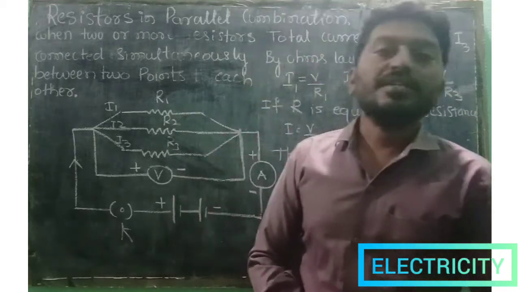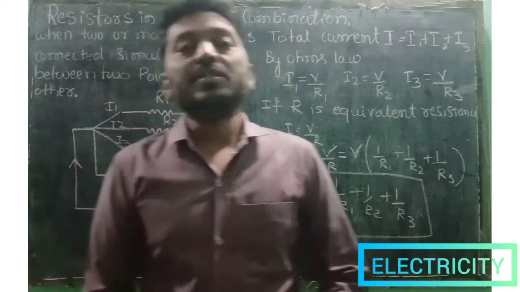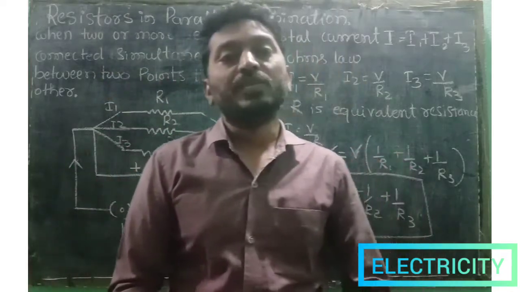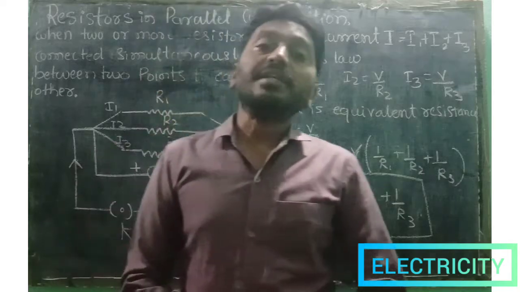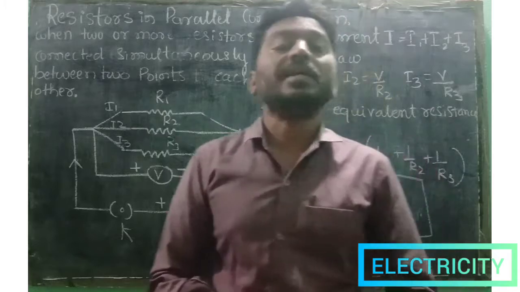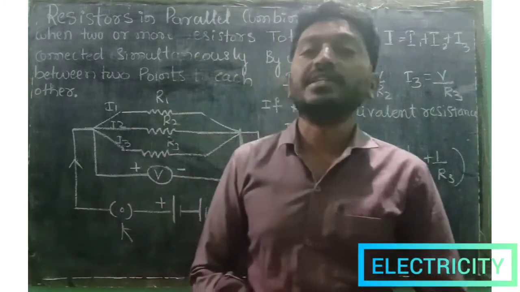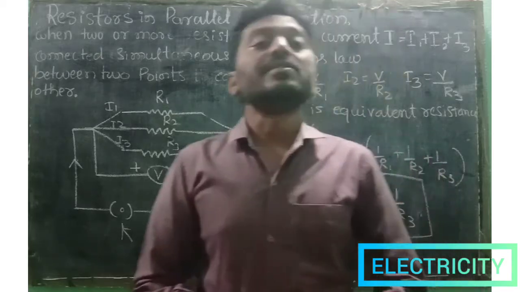In the last session, we already discussed the series combination, or resistors in series. Two or more resistors connected end to end between two points are called resistors in series.